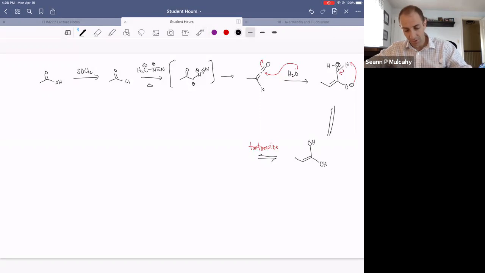And so you're going to essentially create now a C double bond OOH. So your hydrogen is going to go here, and your double bond is going to basically move up there, right? So you're exchanging the placement of that double bond, okay? This tautomerization is very similar to what we had last semester. Remember when we tautomerized the enol to the keto form? That's exactly what's going on here.